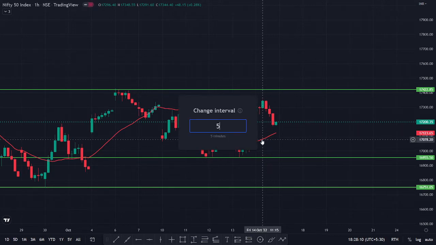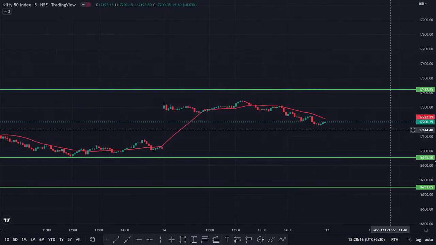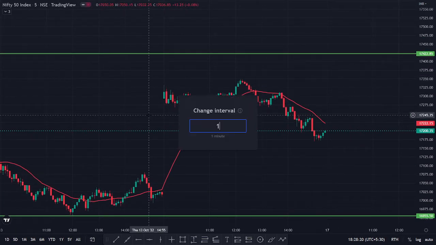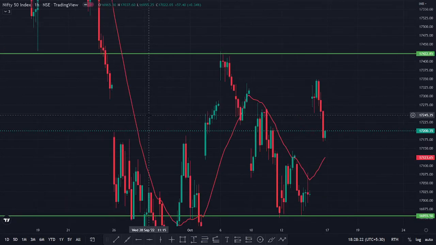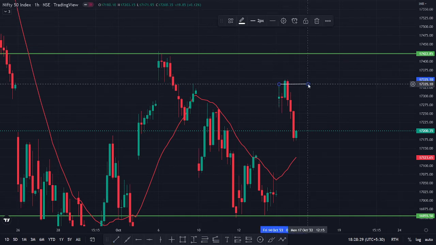Now going on to the 5-minute time frame right here. All right, 5-minute time frame. If you go back to the 1-hour time frame, you can notice something: Nifty started to break above 14th October's daily high, the opening high.